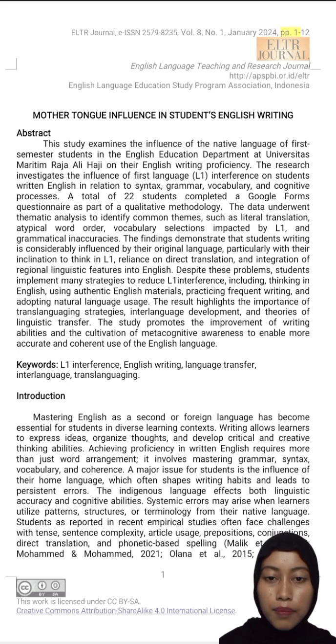The introduction explains that writing in English is more than just arranging words. Students need to master grammar, vocabulary, sentence structure, and coherence to communicate ideas clearly. A major challenge is the influence of their mother tongue. Many students unconsciously transfer patterns from their first language, which can cause errors in tense, articles, prepositions, word order, and spelling.